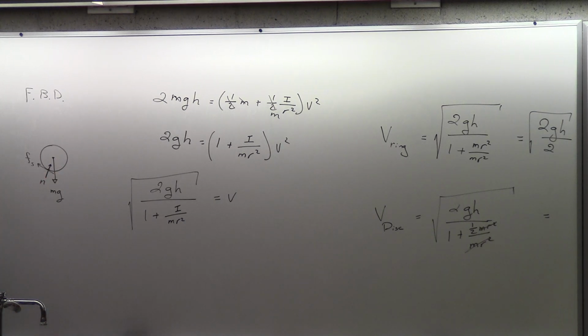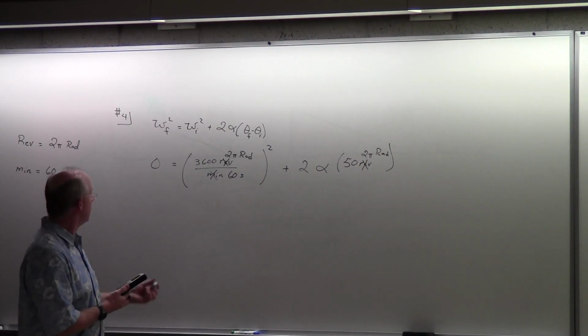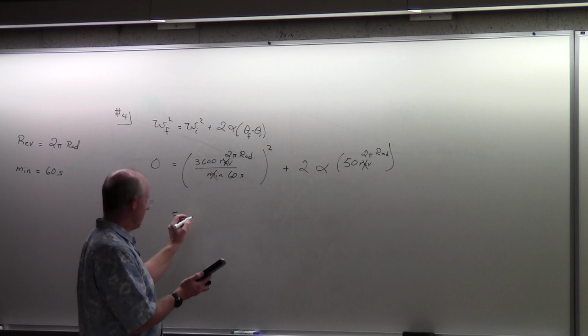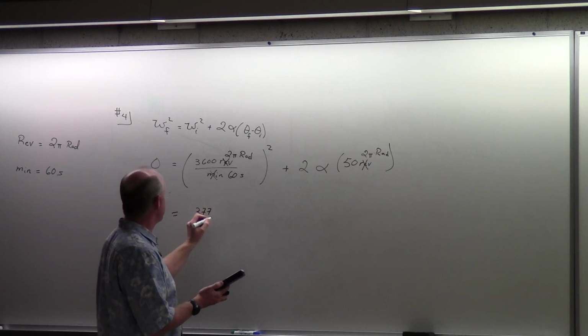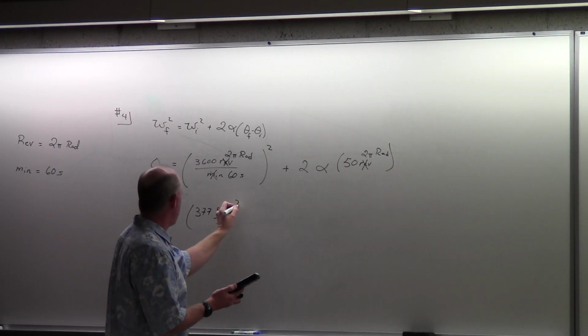So I can come over here and say, all right, this one is 3,600 times 2 times pi divided by 60, which comes out to be about 377. It's squared, and so I'm just going to put 377 radians per second squared.